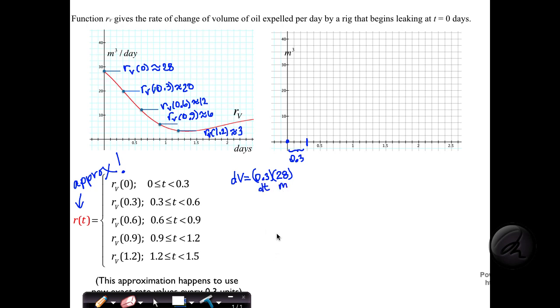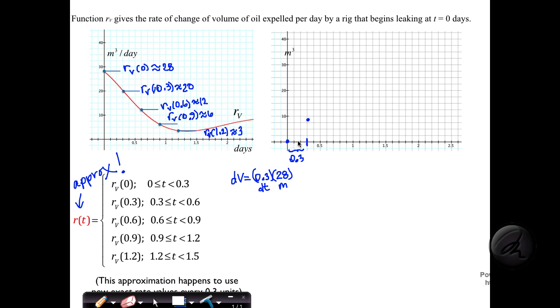I guess t was the variable for the independent axis. So 28 times 0.3. That would tell us if I go all the way across from 0 to 0.3 days, my volume of oil would increase from 0 to 8.4. All right, so 0 to 8.4, and 8.4 is, estimating-wise, here.